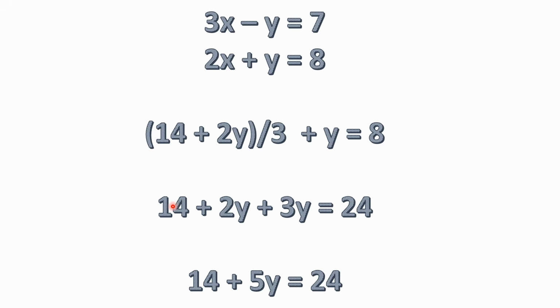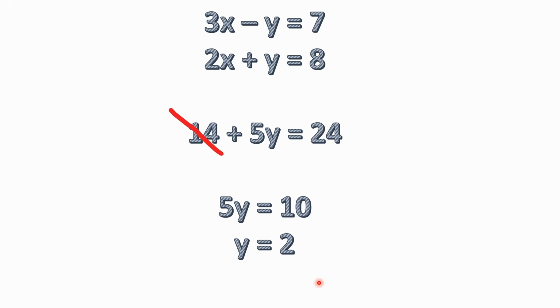So you're going to get the 14 plus 2y, and we lost this denominator. And then this y gets multiplied by 3, which is where we get the 3y. Leaves us with 14 plus 5y, because we're adding 2y and 3y together. So 14 plus 5y equals 24.